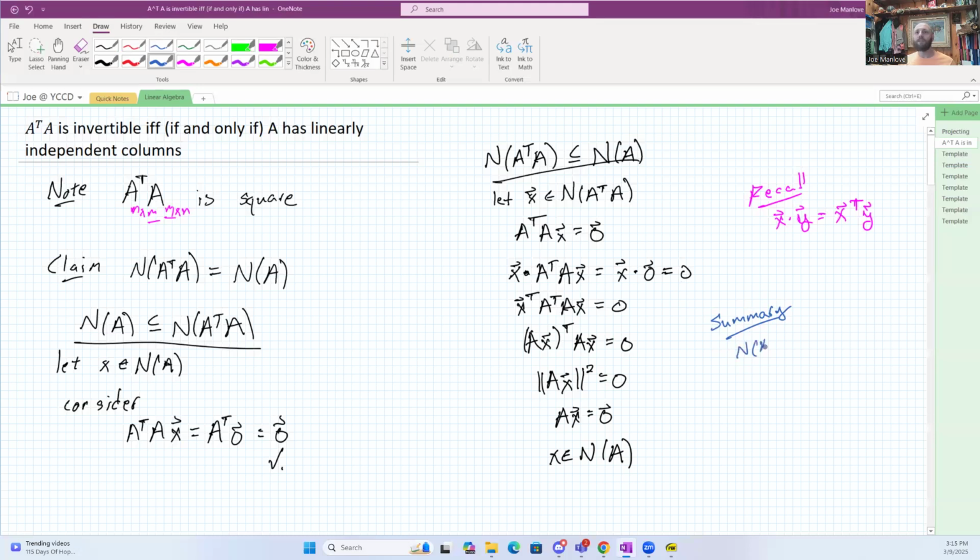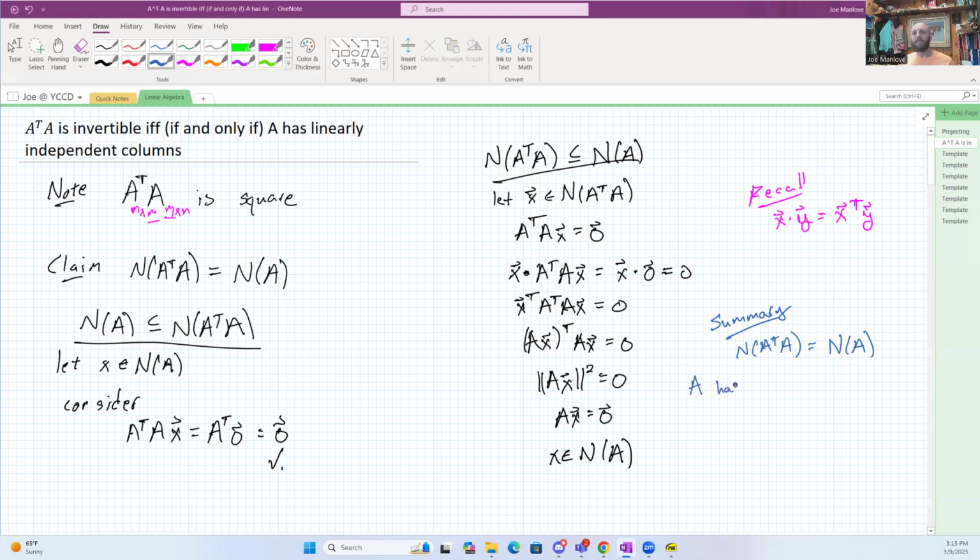I know that the null space of the matrix A transpose A is the same as the null space of the matrix A. That means that A having linearly independent columns is the same thing as the null space being the zero vector.